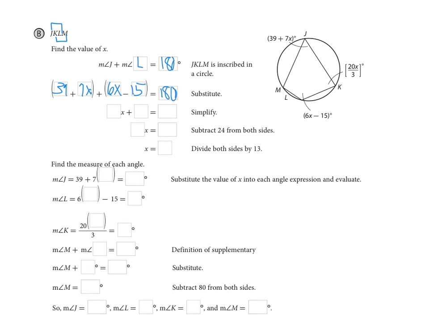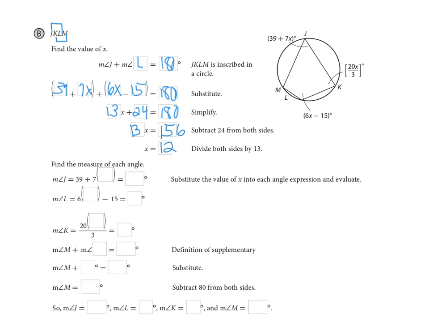Then we're going to add up our common like terms there. 13x plus 24 is equal to 180. Okay, subtracting 24 from both sides, we get 13x equals 156. And then dividing both sides by 13, we get x equals 12.